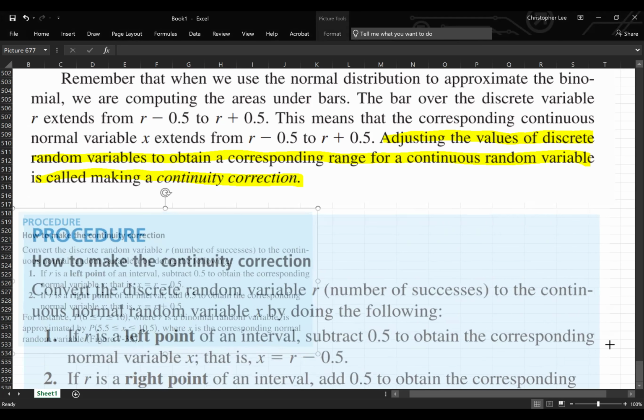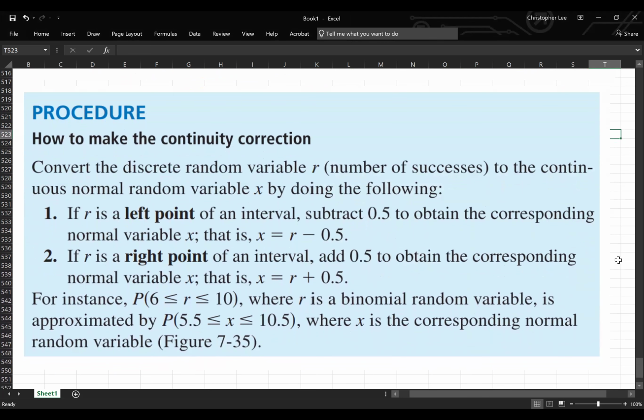All right. So how to make the continuity correction. First, you convert the discrete random variable r, number of successes, to the continuous normal random variable x by doing the following. If r is a left point of an interval, subtract 0.5 to obtain the corresponding normal variable x.